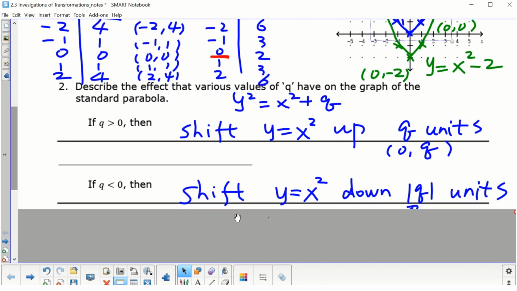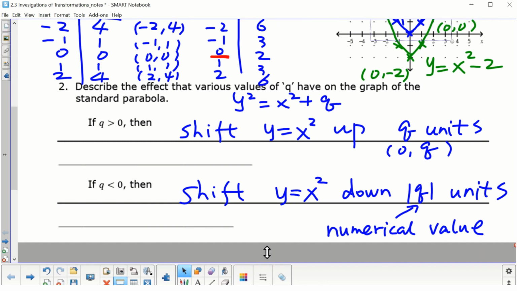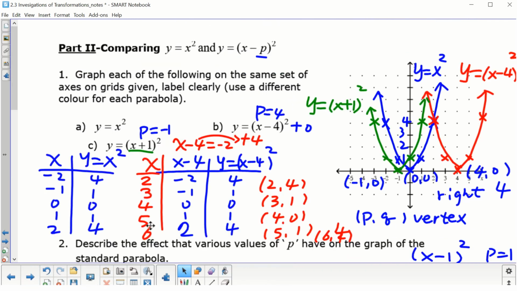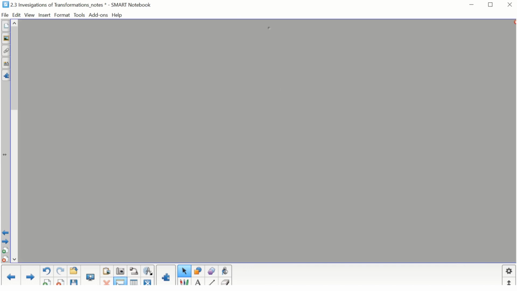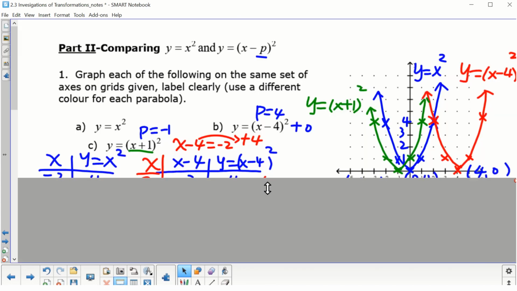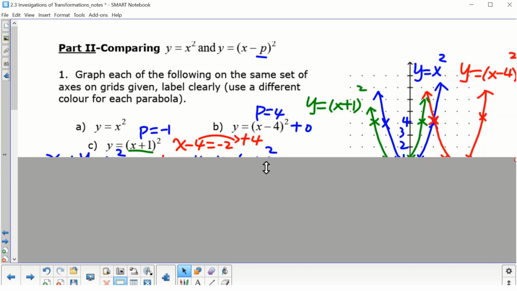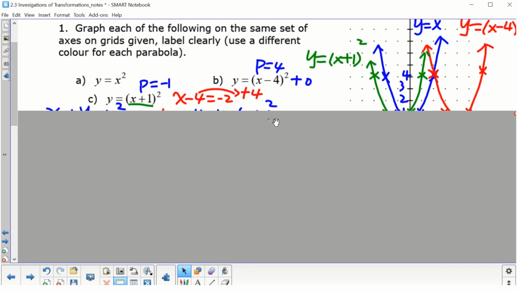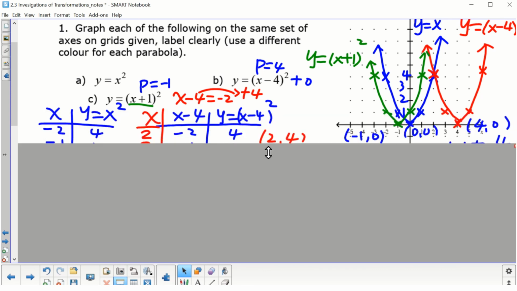So we are going to do the next investigation. That is part 2. For part 2, you are going to graph these 3 graphs on desmos.com. Once you graph it, you will see the graph shifts left and right.